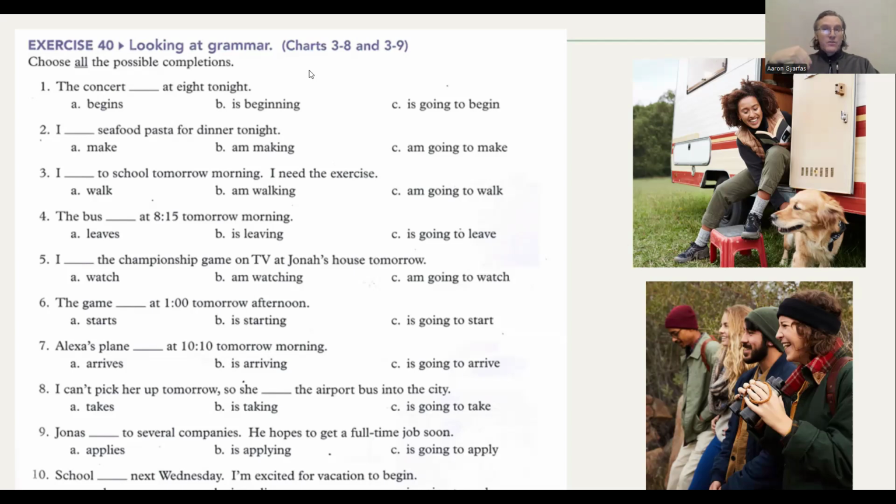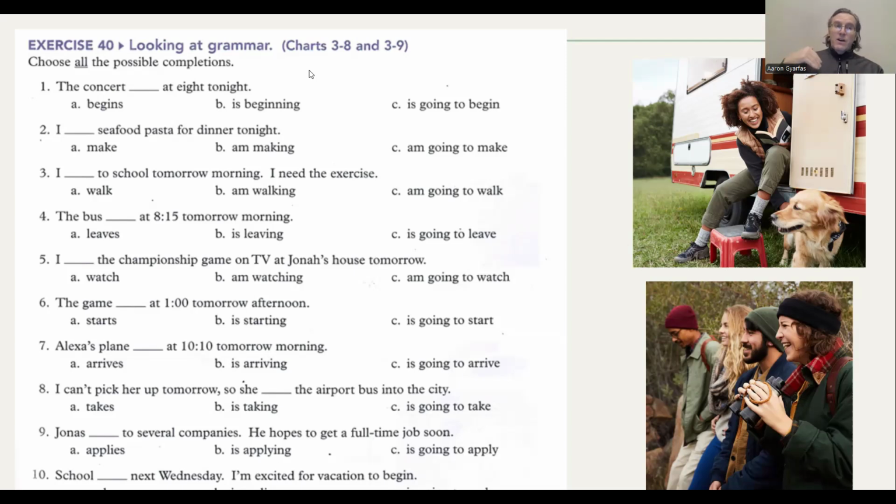Anything that I can use for present simple, talking about the future, I can also use present progressive and be going to, because something that's on a schedule or timetable is also a plan, right? It's also going to happen. So for example, number one is a concert and it's at 8 tonight, later tonight.